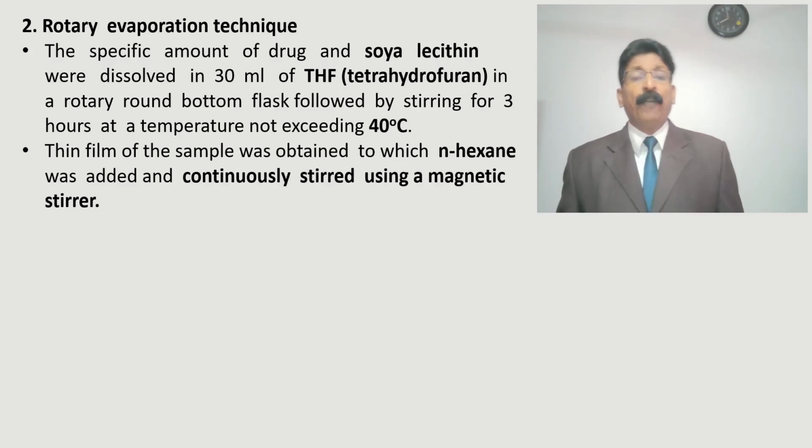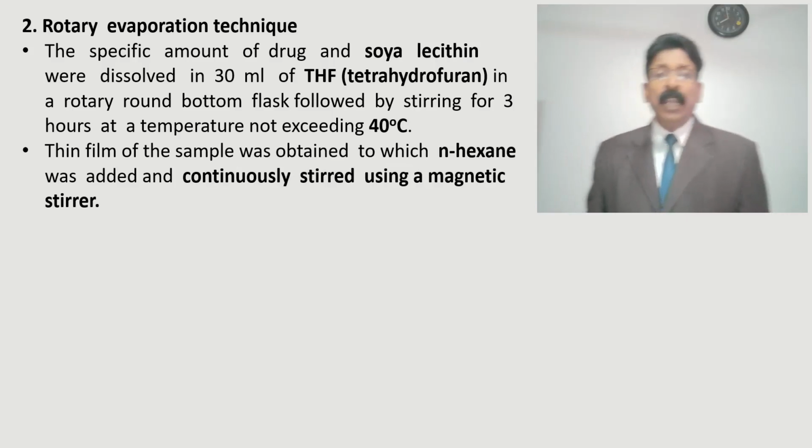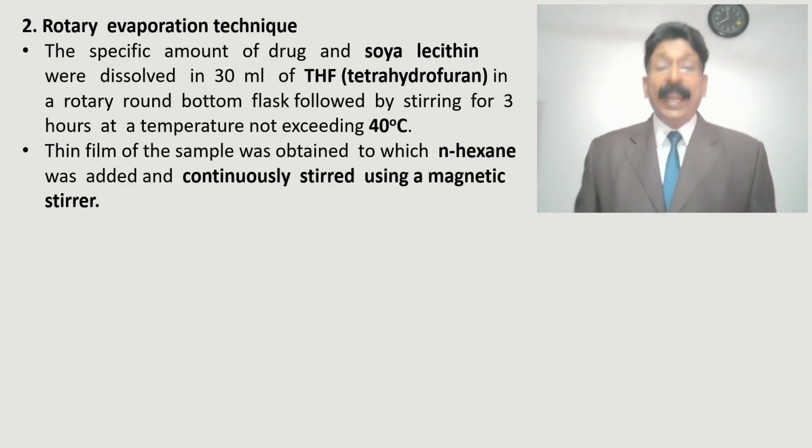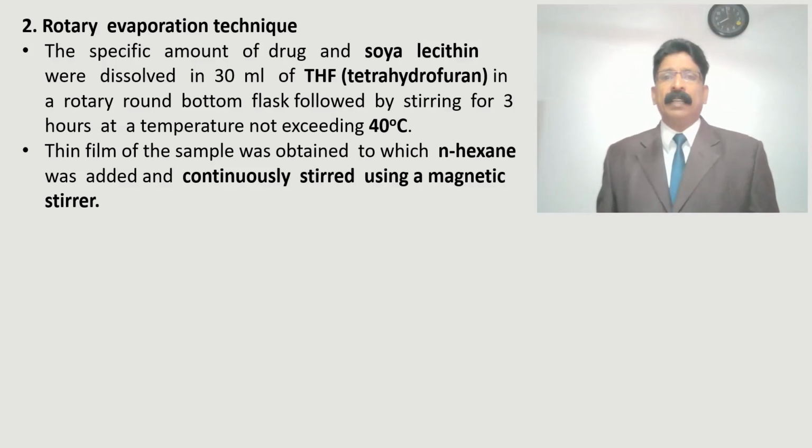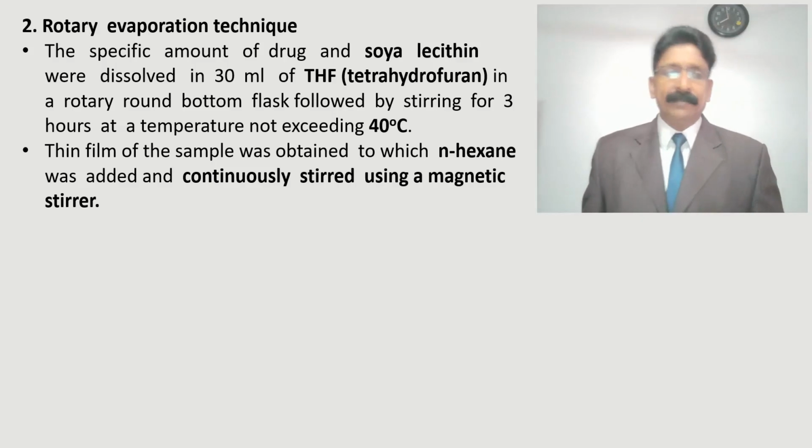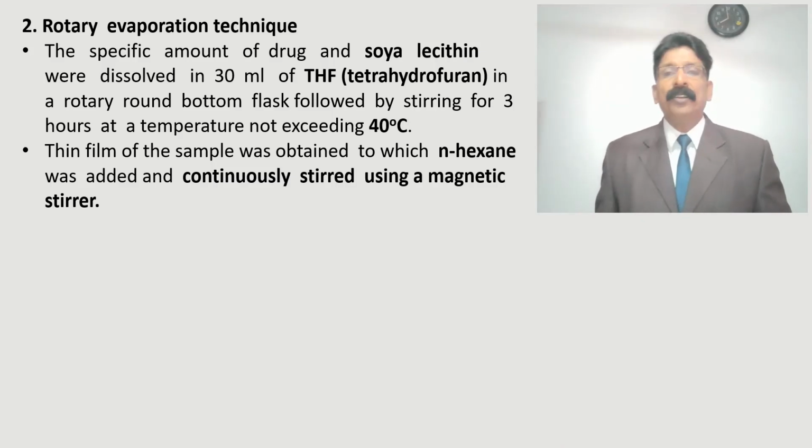A film of the sample is obtained, to which N-hexane is now added, with continuous stirring using a magnetic stirrer.